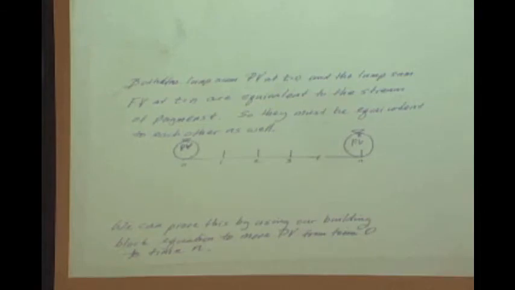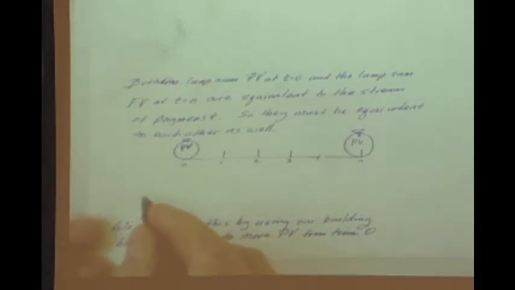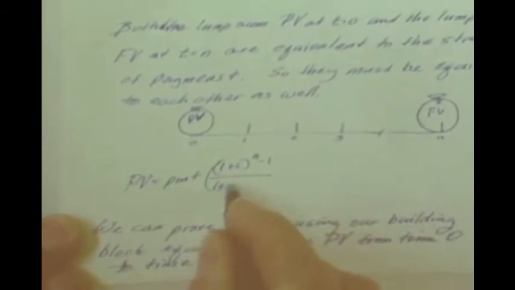Well, let's try that. Present value is the payment times this factor, 1 plus i to the nth power minus 1, divided by 1 plus i to the nth power times the interest rate.